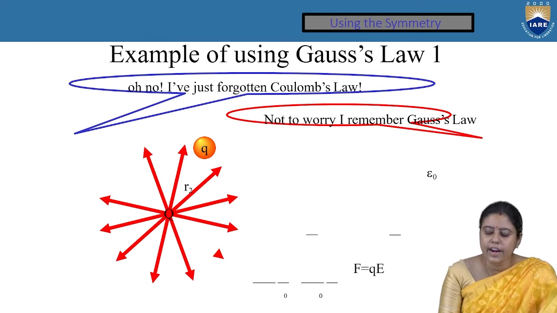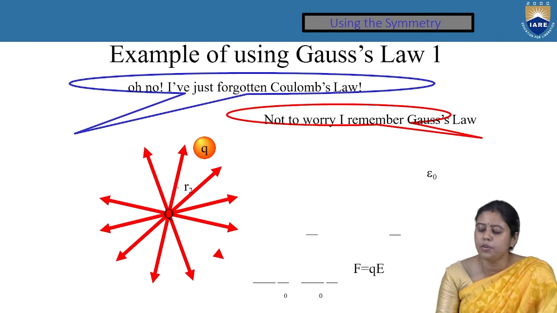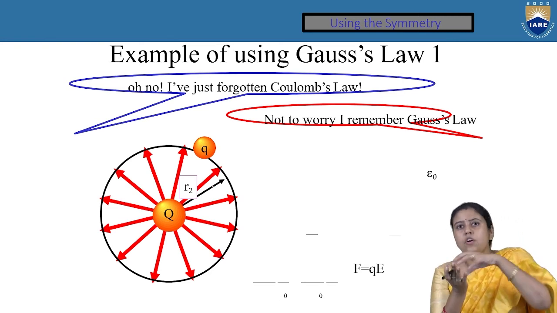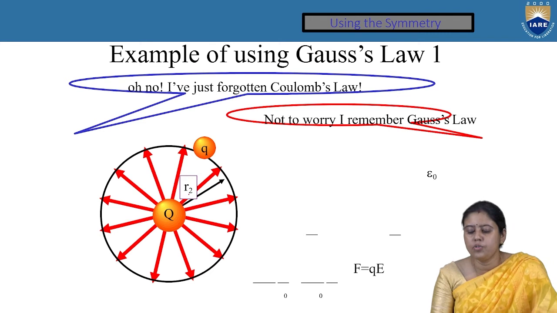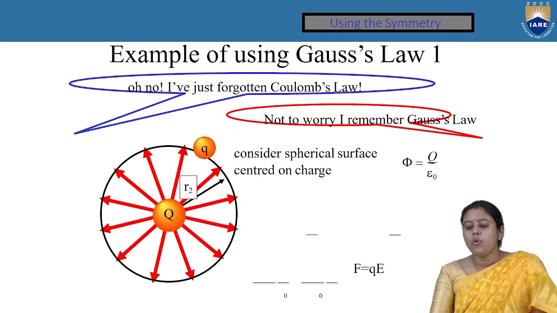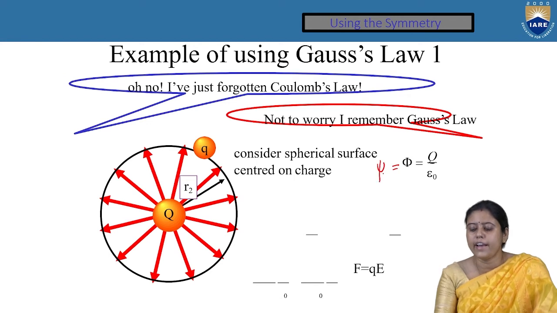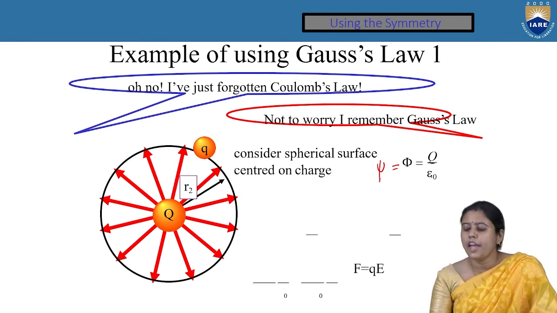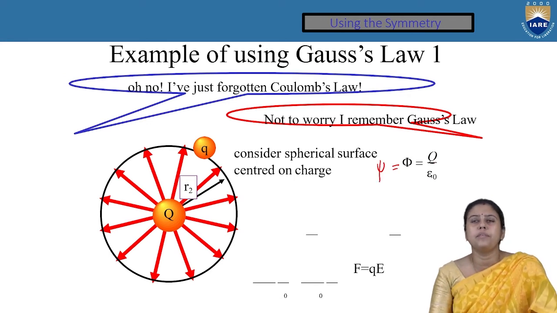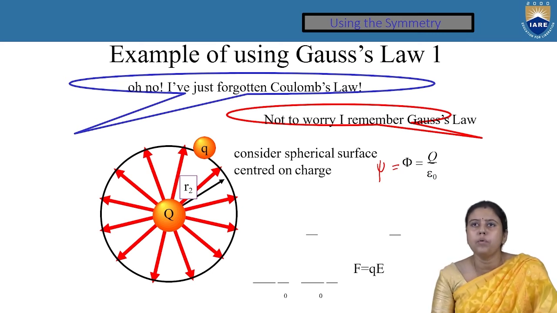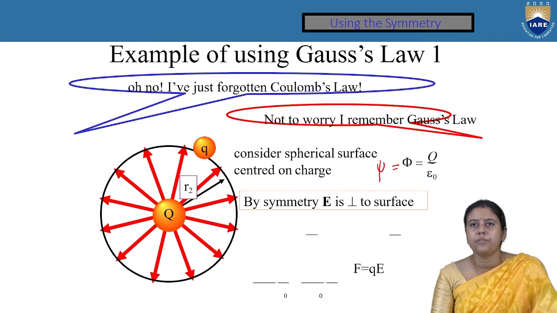There is a charge q, and we are assuming an area whose radius is r. Now, what is the lines of flux? Psi is q by epsilon 0. Already we have discussed that the number of lines of flux is equal to q by epsilon 0.